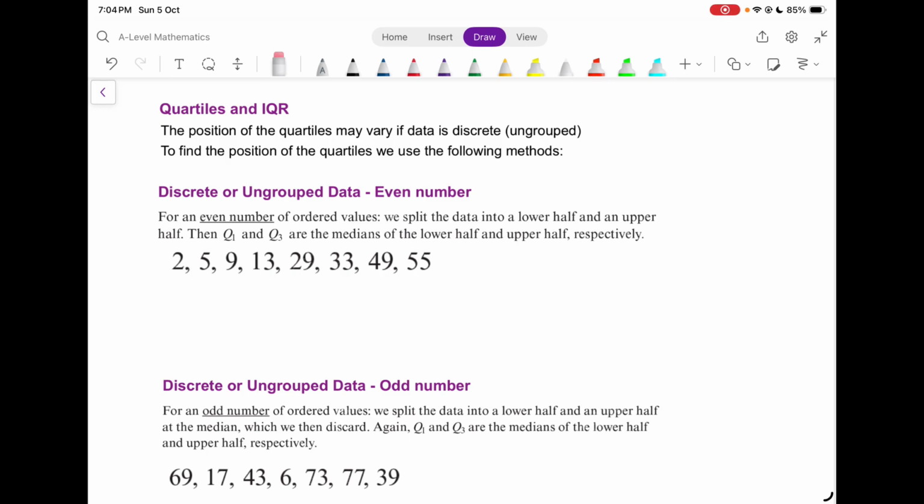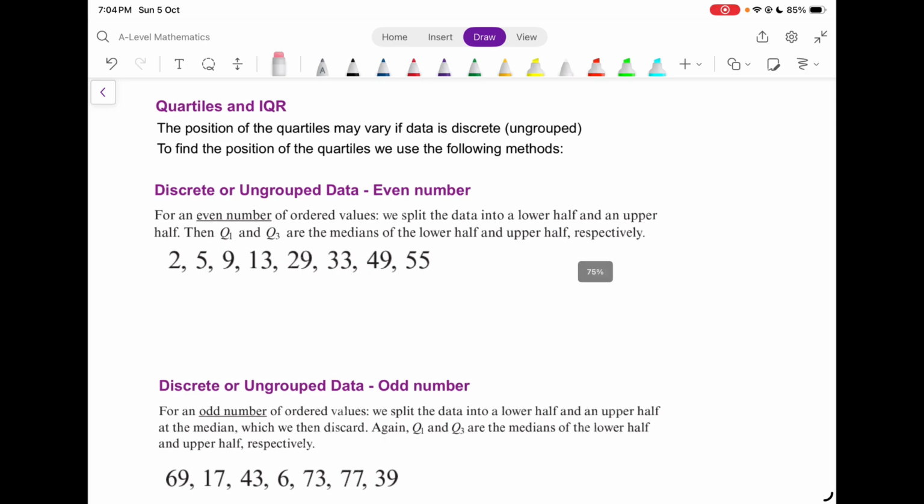So previously we were always talking about grouped data, but if it is ungrouped data, the interquartile range should be straightforward. But the lower quartile and upper quartile, the statistics part is a bit confusing.